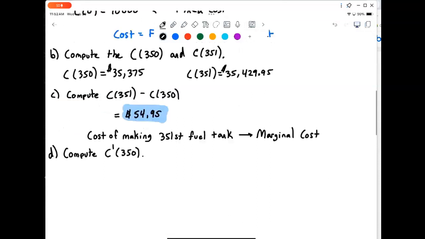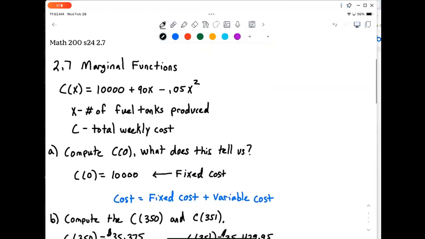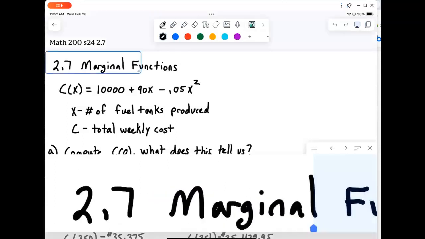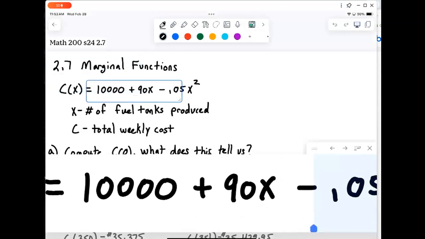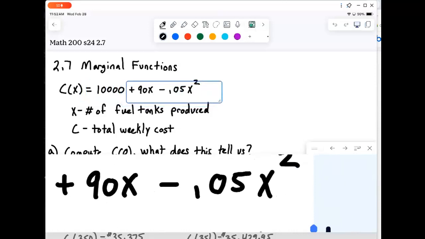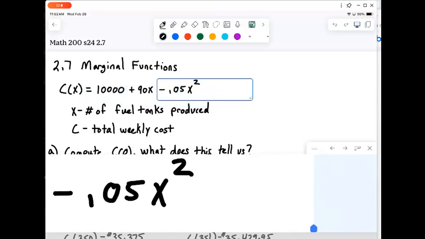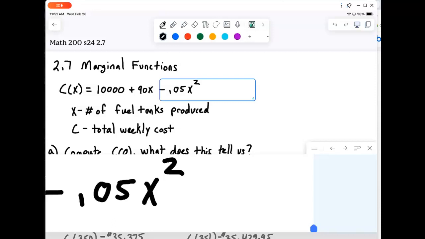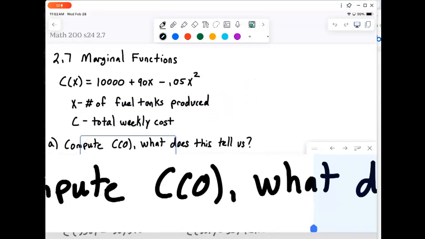Fortunately, it's a really simple function: 10,000 plus 90x minus 0.05x squared. We want to take its derivative. That's pretty easy. 10,000, the derivative of that is 0. 90x, the derivative would just be 90. And with the 0.05, we'd multiply by 2.